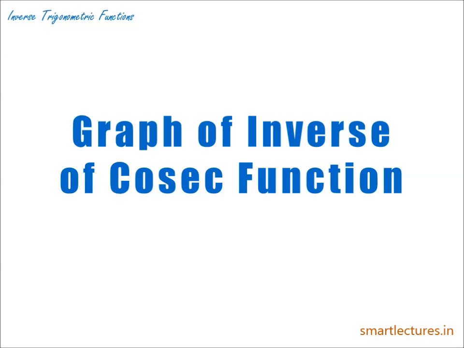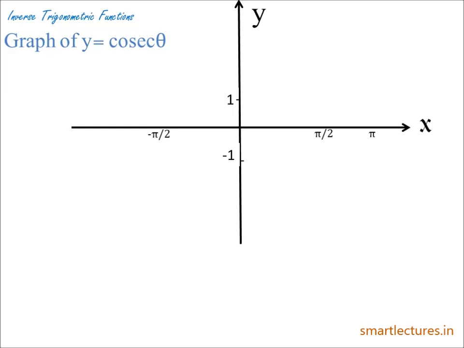Now let's draw the graph of the inverse of the cosecant function. Just like in the case of other trigonometric functions, first draw the graph of y is equal to cosecant theta.